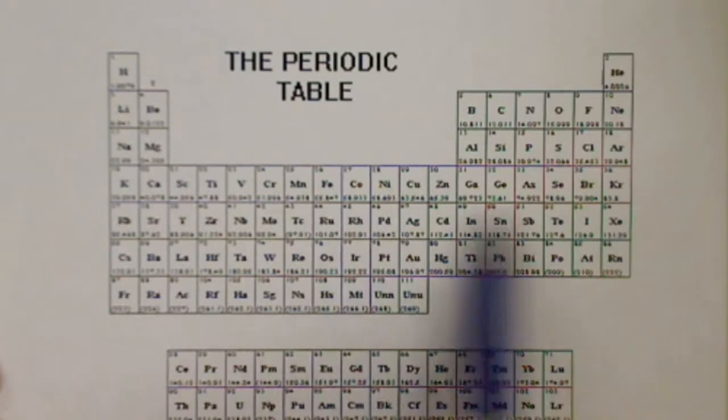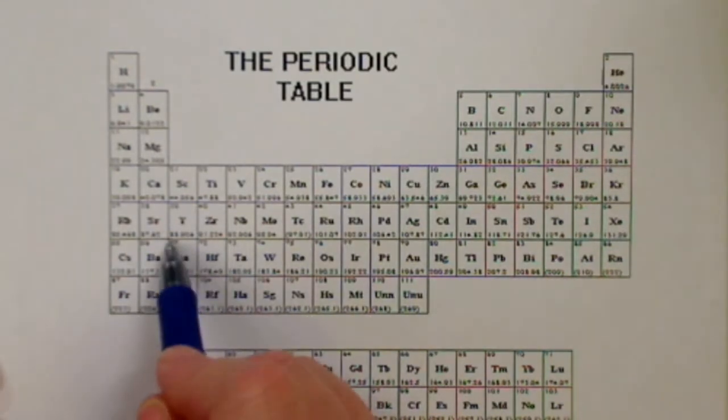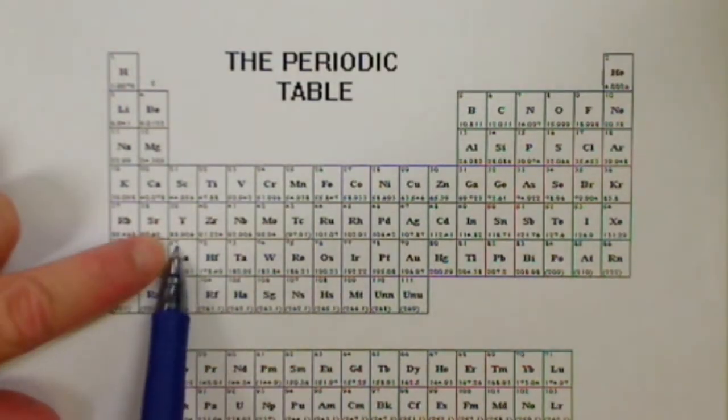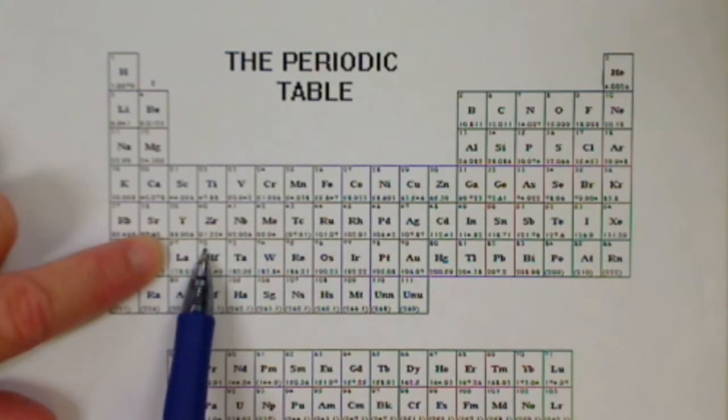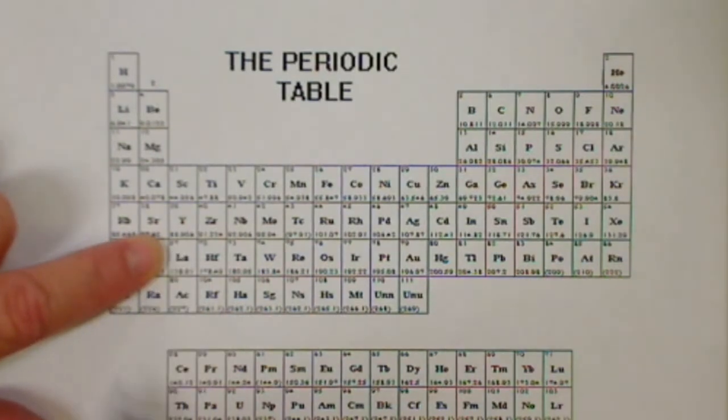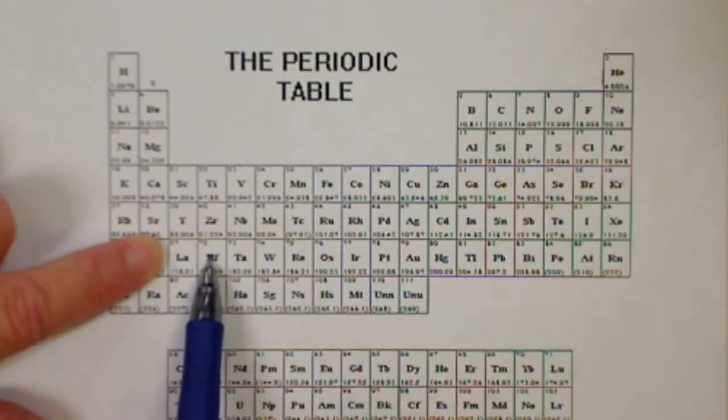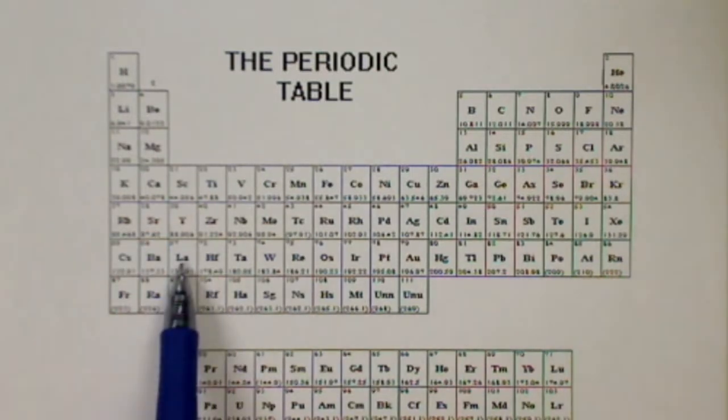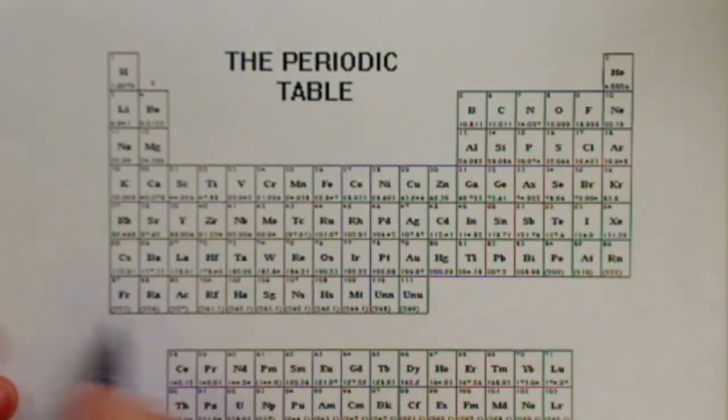You'll keep seeing this working out until you get to 57, and then it jumps to 72. I want you to notice that 57, jump down here, 58 through 71, then it would pick up as 72. The element 57 is called lanthanum, so we call this set of elements the lanthanides.